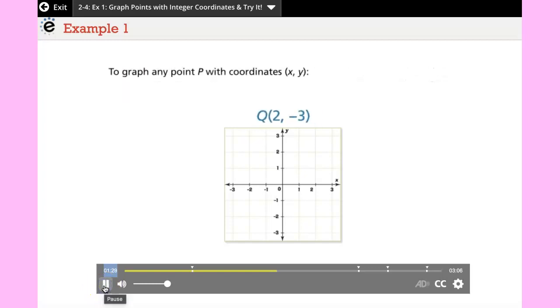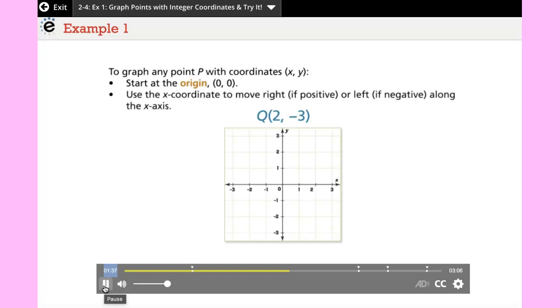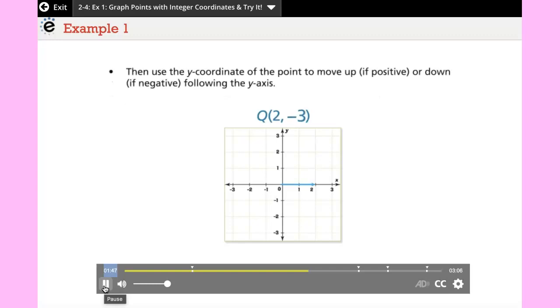To graph any point P with coordinates x, y, start at the origin, 0, 0. Use the x-coordinate to move right, if positive, or left, if negative, along the x-axis. Then use the y-coordinate of the point to move up, if positive, or down, if negative, following the y-axis.